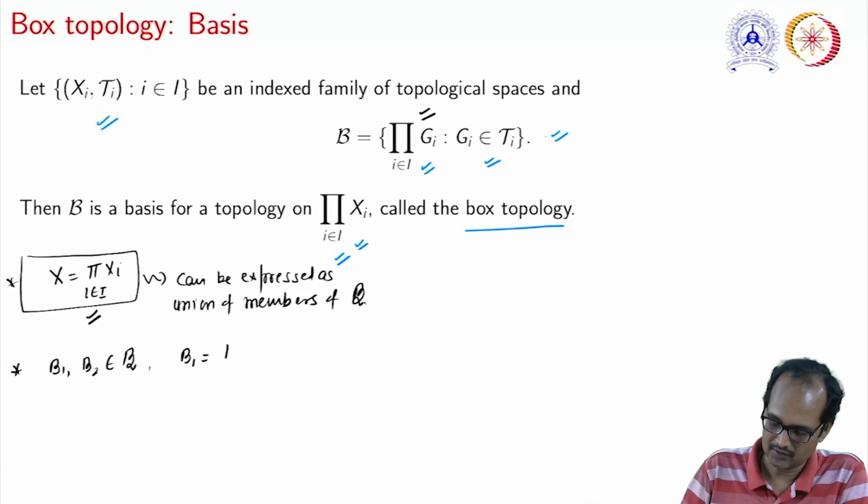Let us take B1 as the product of Gi, i belongs to I, and B2 as the product of Hi, i belongs to I.